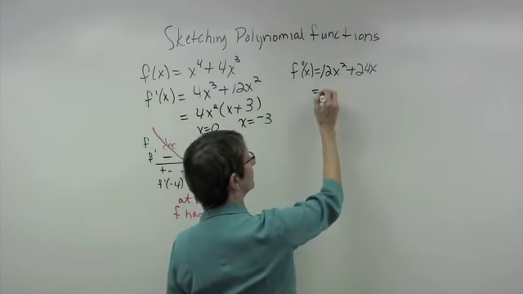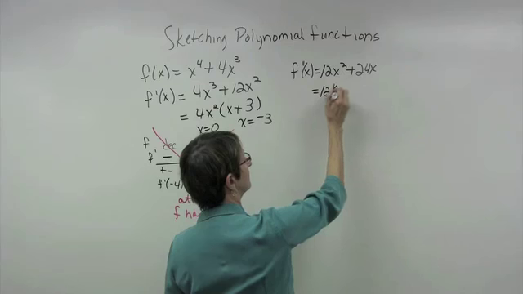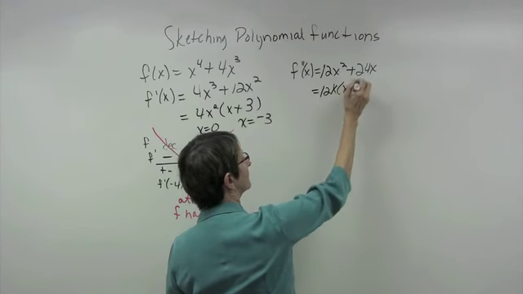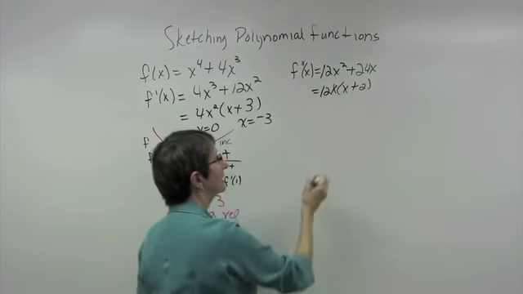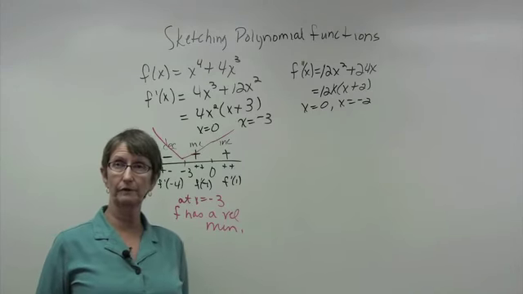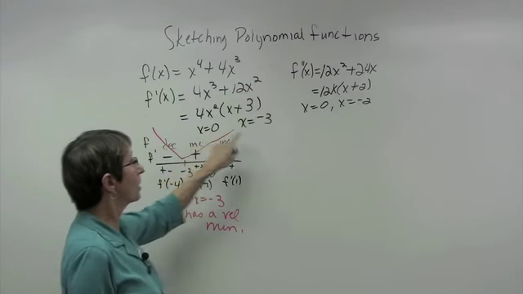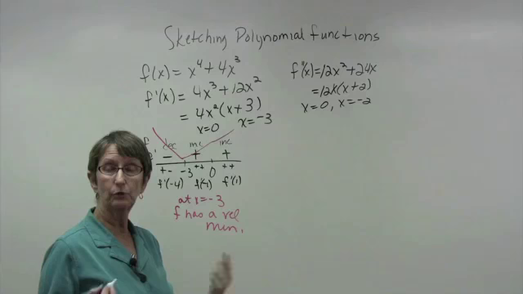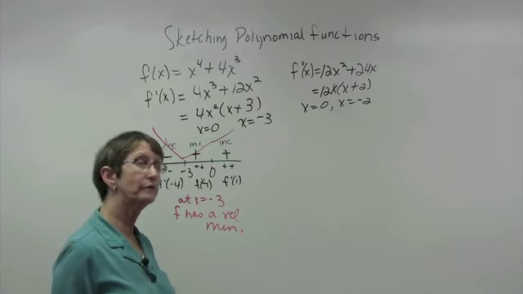I can pull out 12x. I'm left with x plus 2. Set each piece equal to 0, I get x equal to 0 and x equal to negative 2 as the places of interest from my second derivative. So 0 was a place of interest, a critical number for both derivatives.